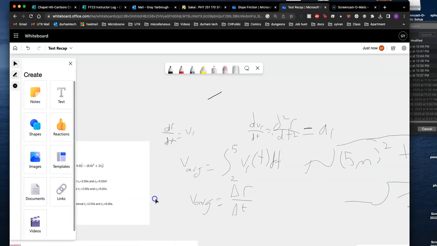What I could have remembered, though, is that if you're asked for an average velocity, then you can always just do the change in displacement over the change in time, which will always work for average velocity. That's what kind of got a lot of you with the last question. The average velocity is the change in displacement, not distance, so displacement, very important, over time.